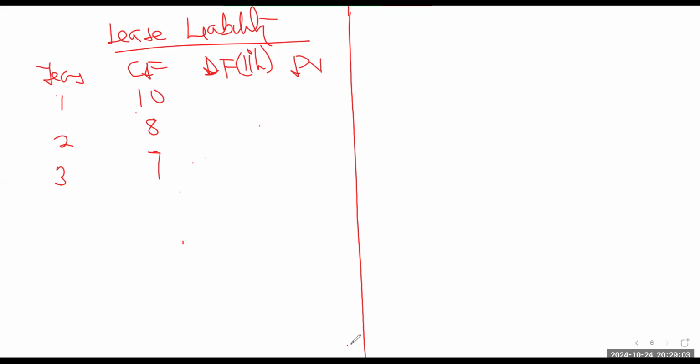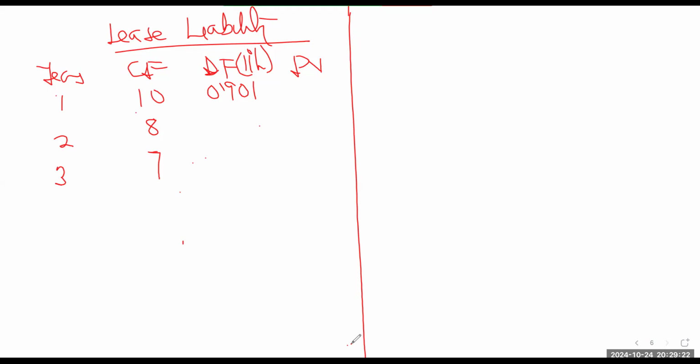For year one, we have 0.9009, to 3 decimal places. Is that okay?